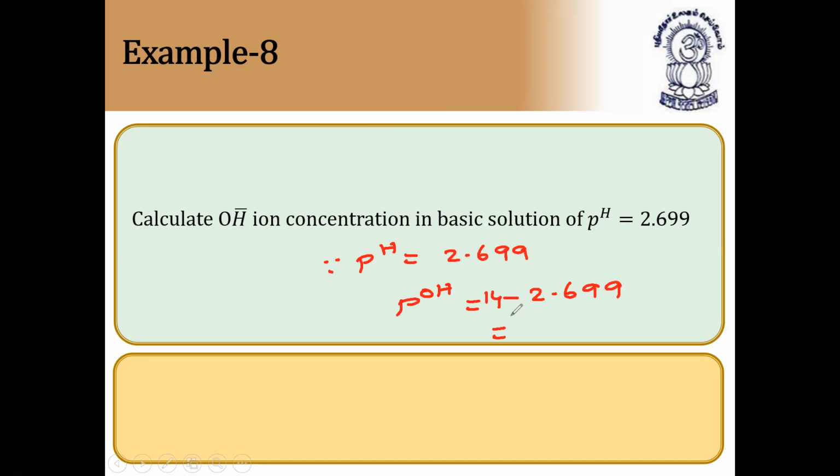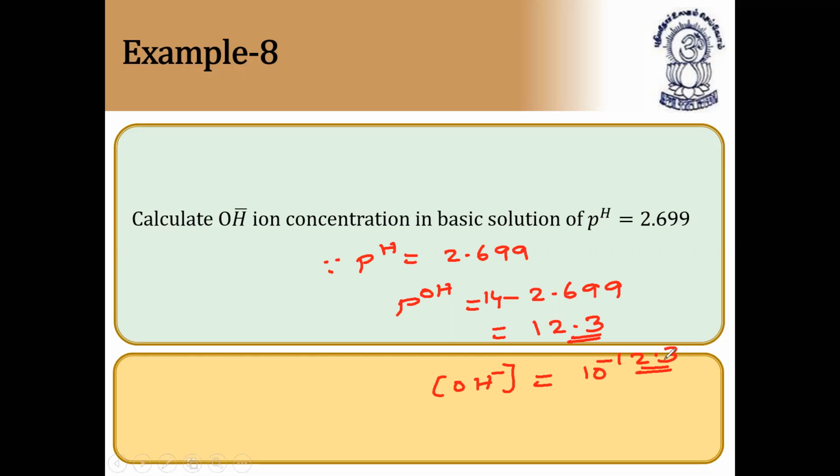Let us take that into consideration. So it should be 12.3, approximately 12.3. Then OH minus concentration is equal to 10 to the power of minus 12.3.